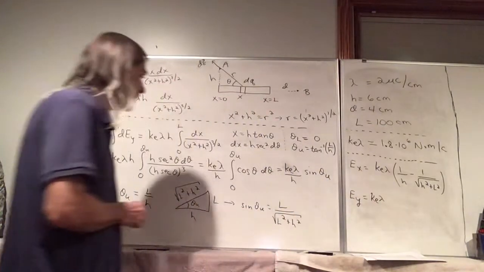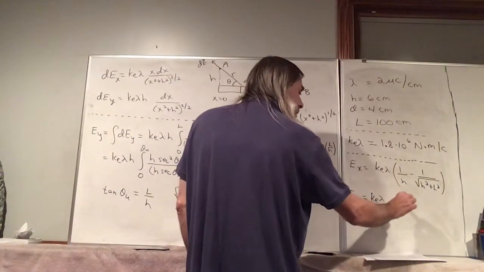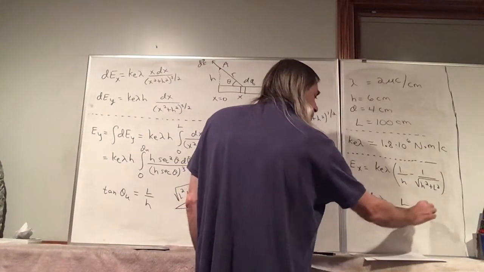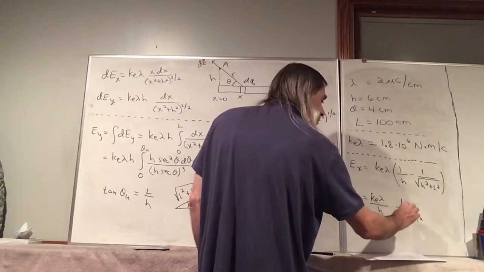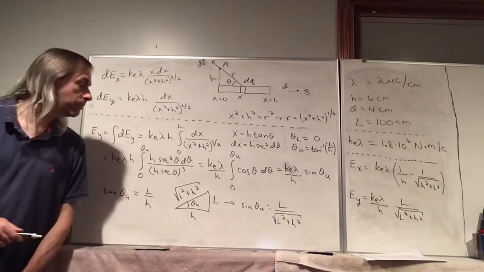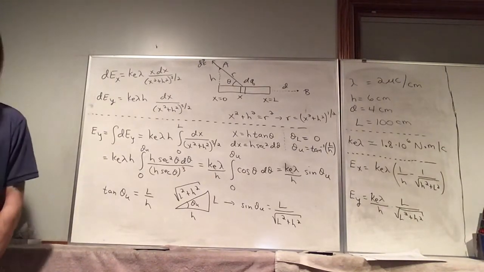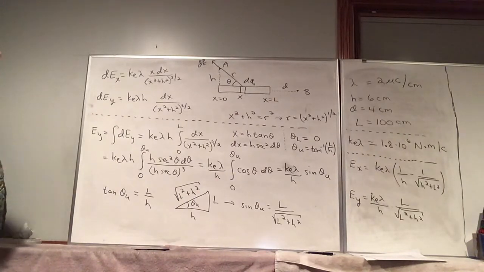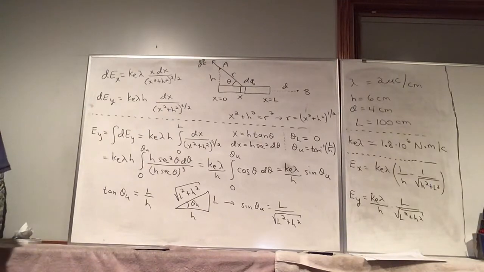So we have k_e lambda over h, and then sine is L over the square root of L squared plus h squared. And so now it's just a matter of plugging in the numbers and getting the electric field at point A.